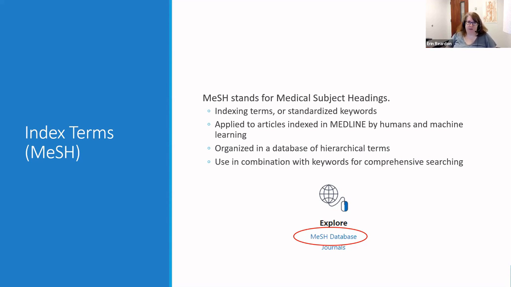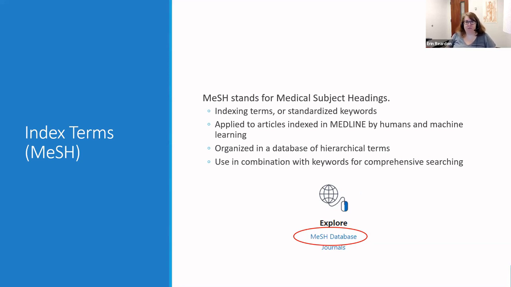The reason this is good, and that you want to include MeSH terms in your comprehensive search, is for a couple of different reasons. Sometimes a disease can have more than one name, and if you were only looking for one name, you might miss the articles where the authors call it by the other name.